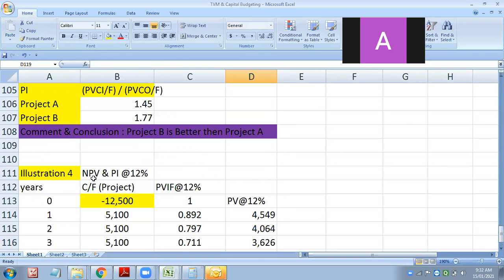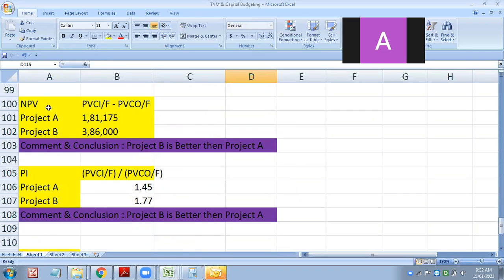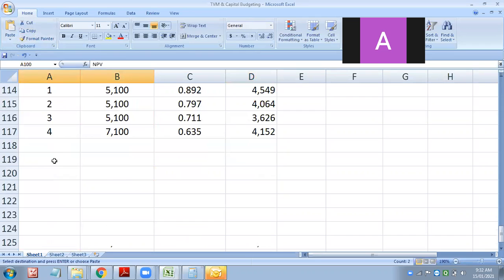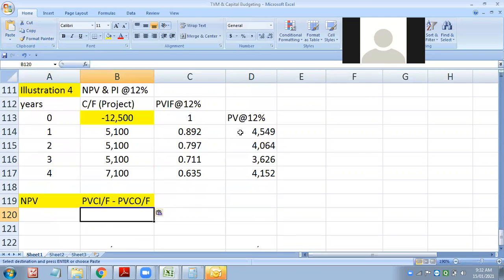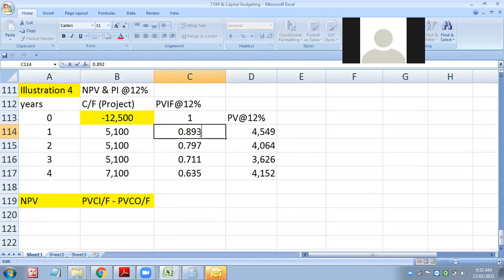So very simple, for NPV I'm going to use this formula once again. Making sense? What is the total inflow? Sir, for the first year I took 0.893 as the discounting factor, so my answer is slightly different.